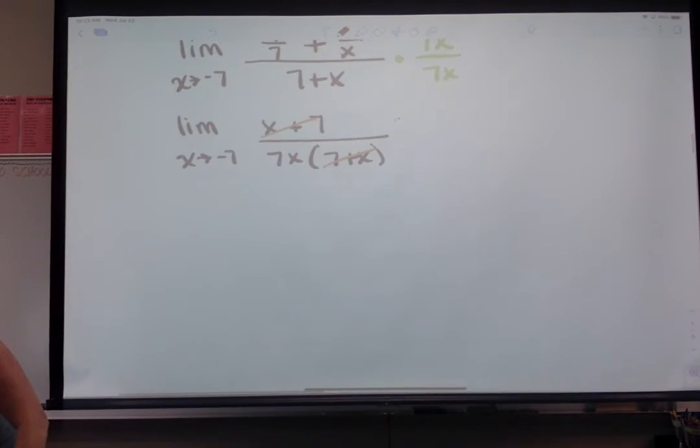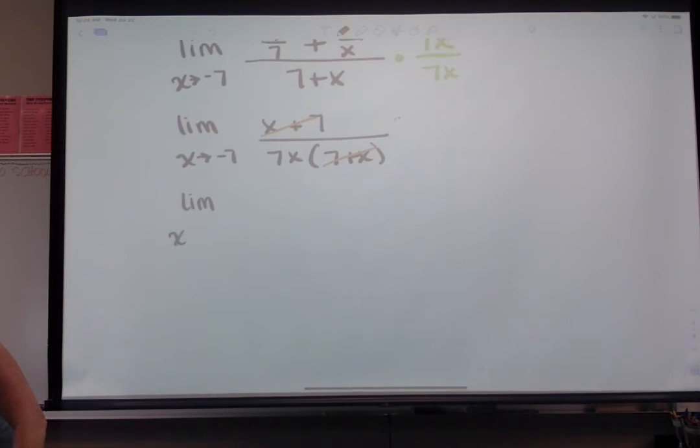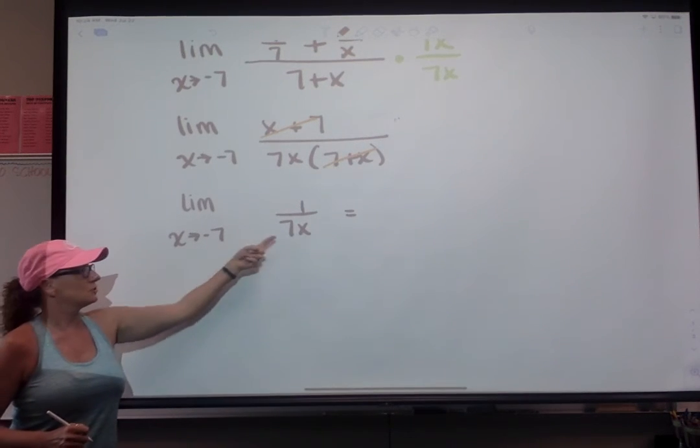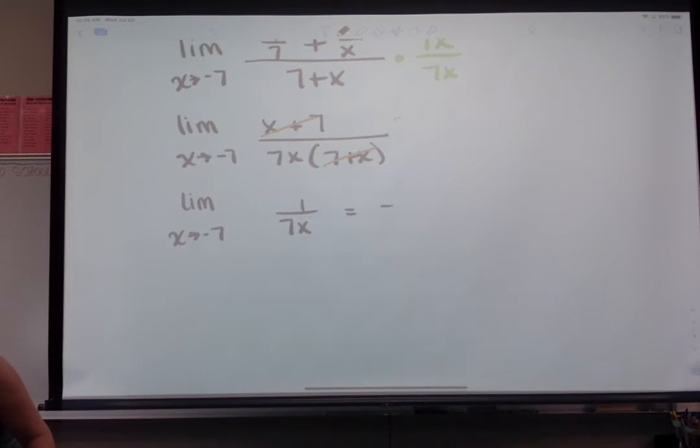And so our new similar function is just 1 over 7x. Substitute that in. And I get 1 over 49.